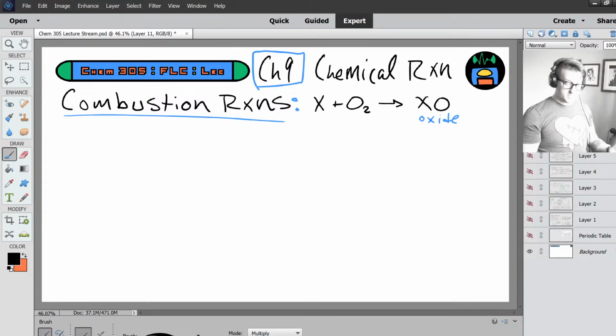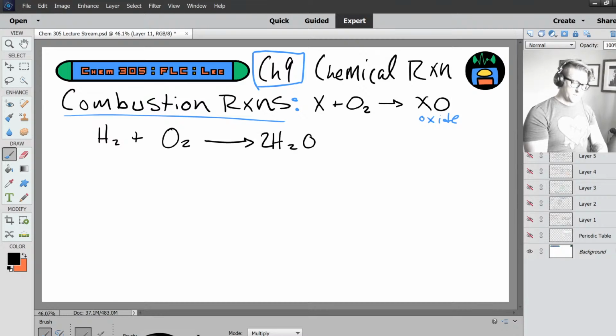You start with an element or a compound, react it with oxygen, and the product will always be an oxide. So, for example, one combustion reaction that we've used for a couple examples this semester is a reaction between H2 gas and O2 gas. The product here is water, H2O.